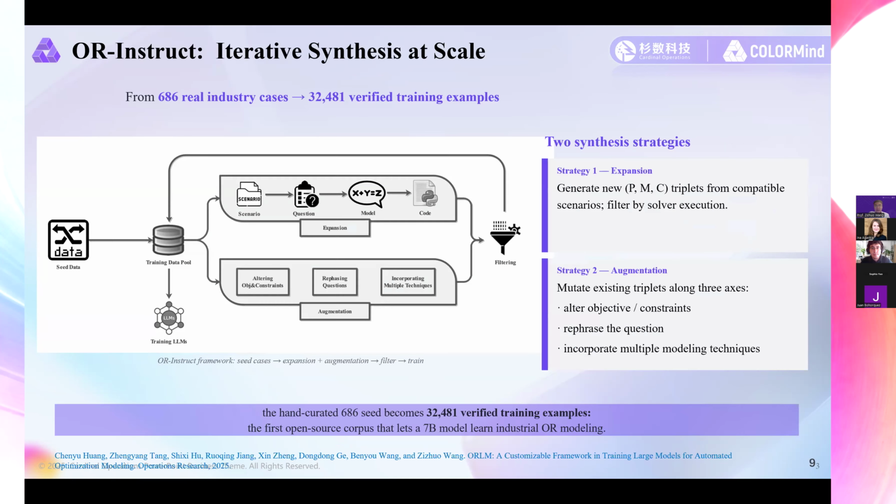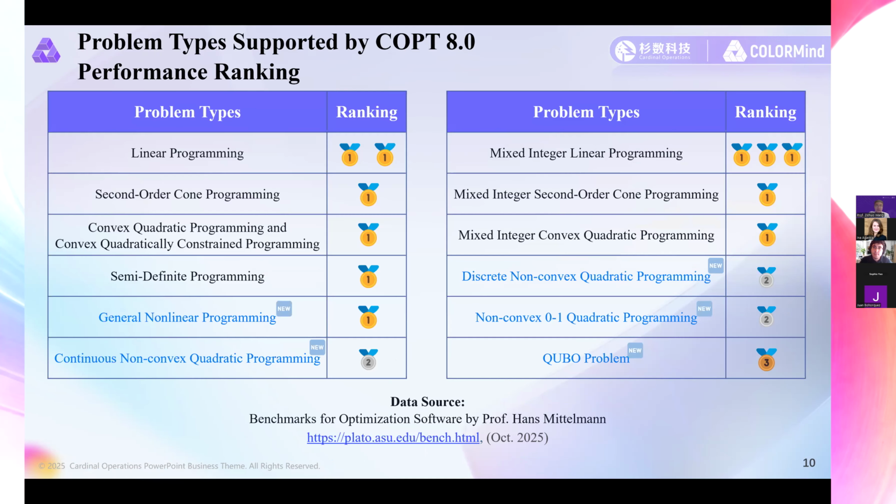Another advantage is that we have the solvers. Maybe some of you are familiar: at Cardinal Operations, one of our core technologies is the optimization solvers. We have COPT 8.0, whose performance currently ranks mostly number one, and sometimes second place, in most of the different problem types.